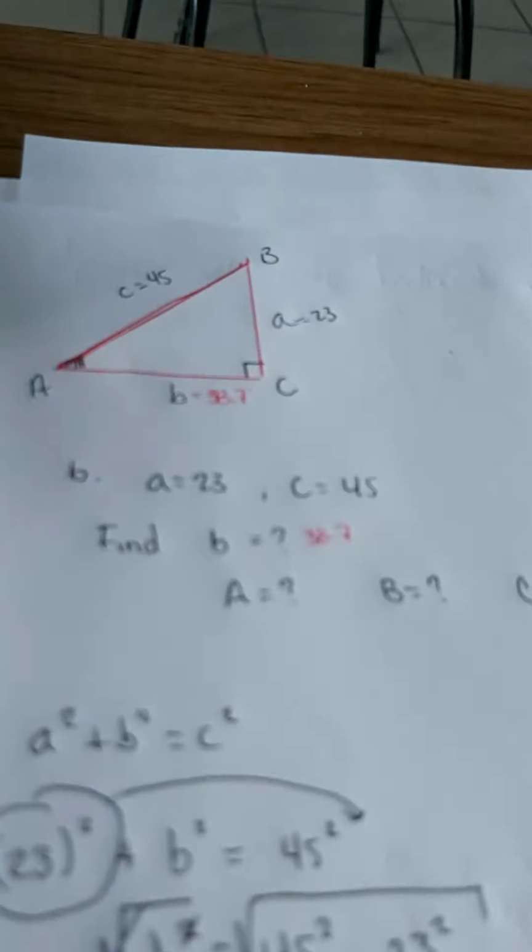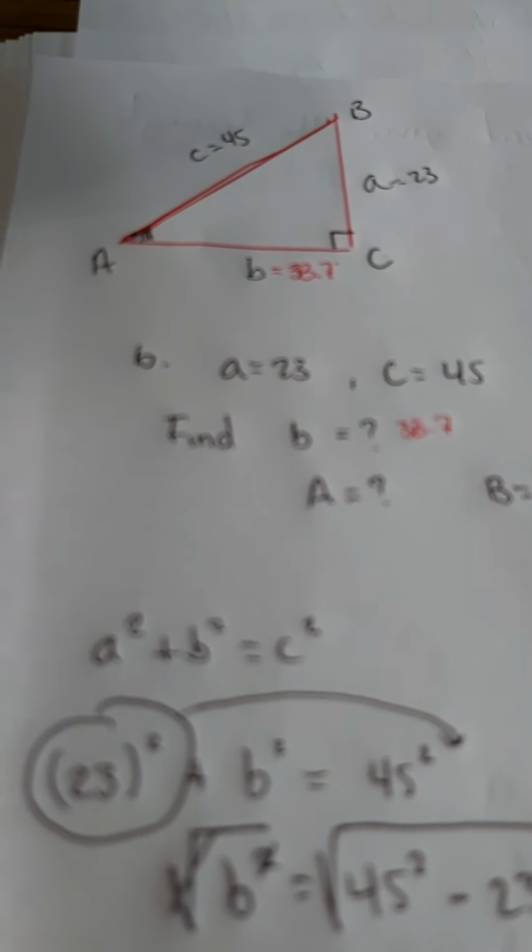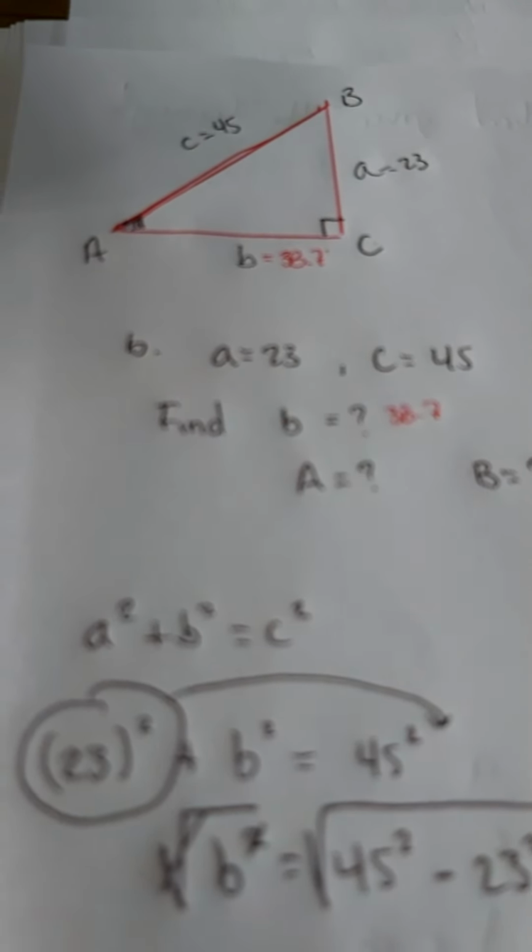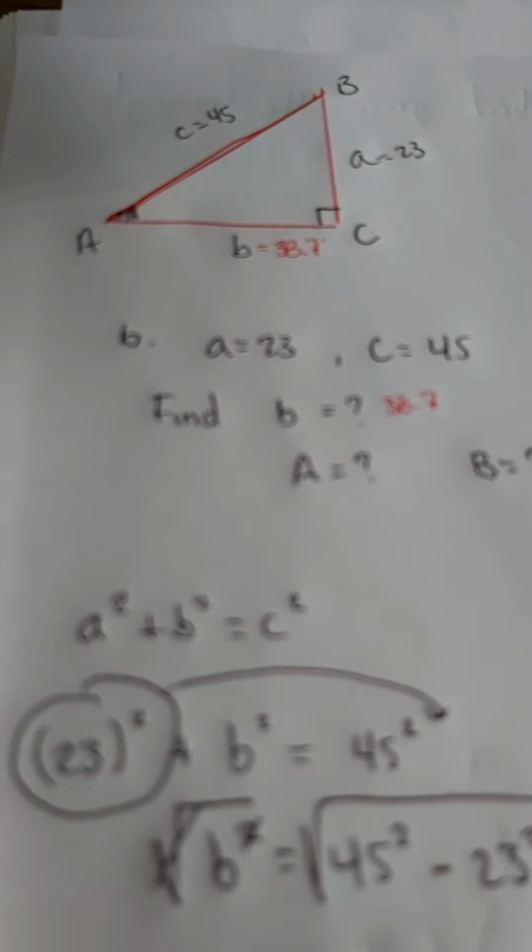So it's optional, right? I'll use sine of A equals opposite over hypotenuse.